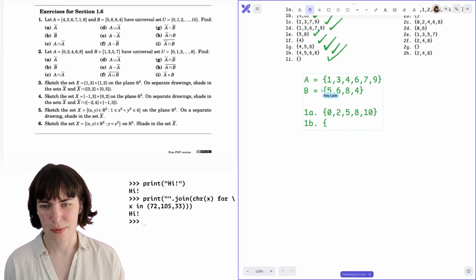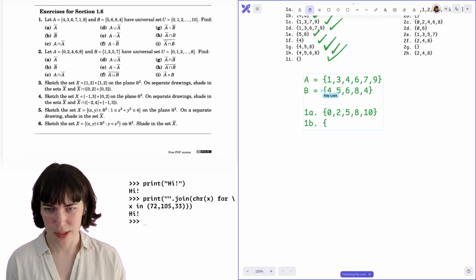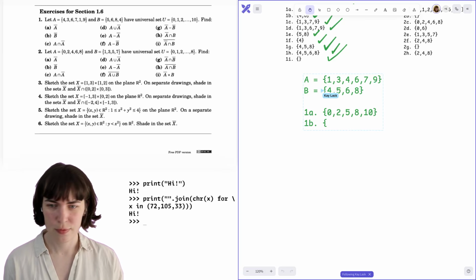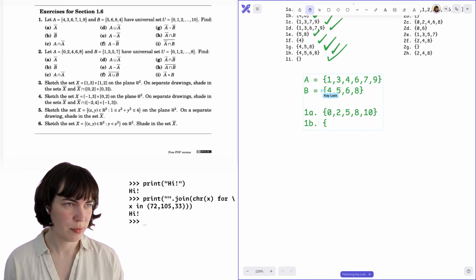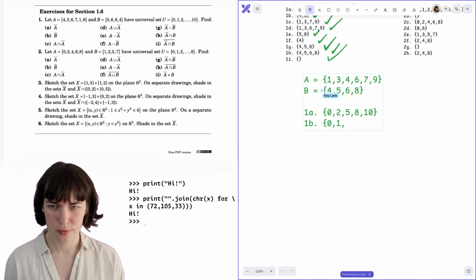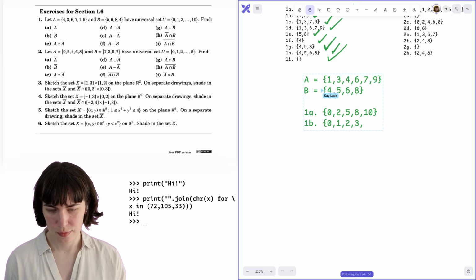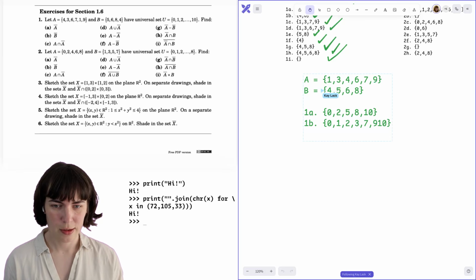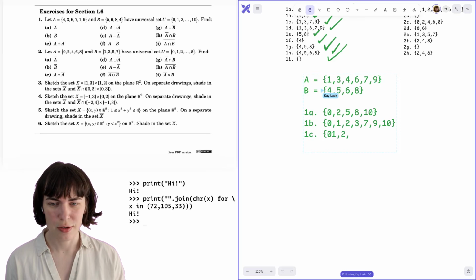Complement of B. Now, let's sort this. Okay, complement of B. Union of A and its complement, which is just going to be the universal set.